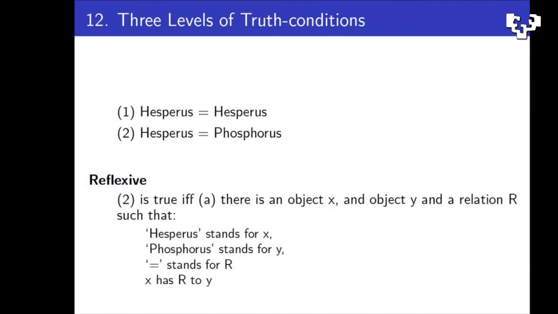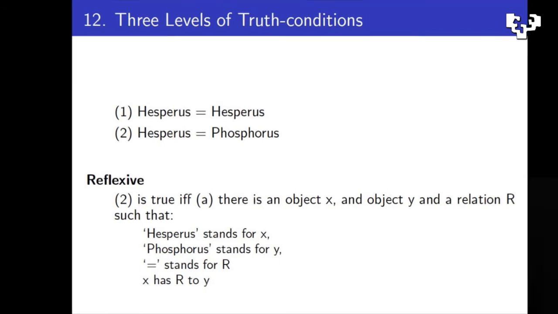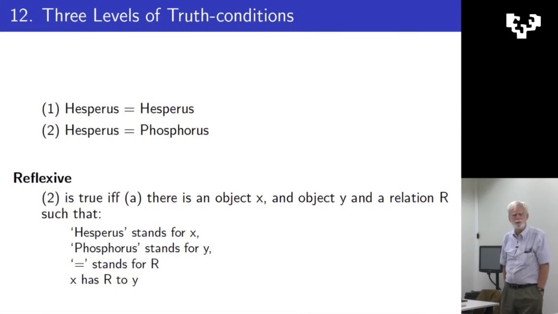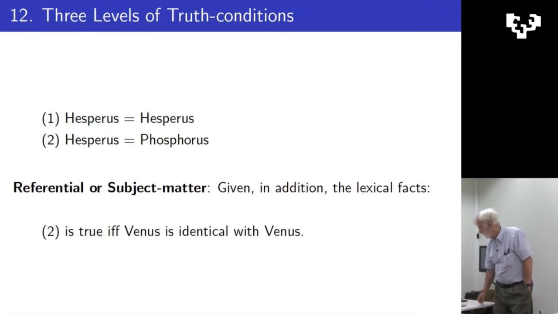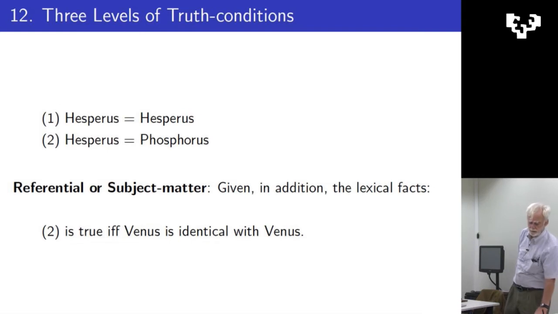And you say, well, but that's not what Keppa told me the truth conditions of a sentence are. Well, it probably is what he told you the truth conditions of a sentence are. But anyway, okay. So then we have the referential. Now let's go look at the lexicon. Frege looks away, and David looks at his notes. And now he knows that Hesperus stands for Venus, and Phosphorus stands for Venus, and the identity stands for identity.